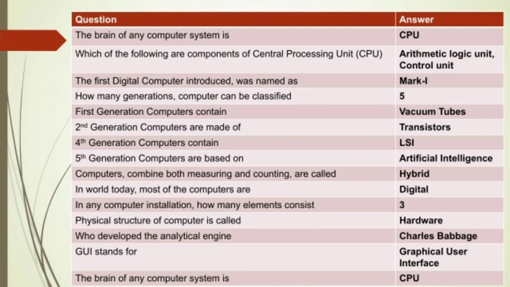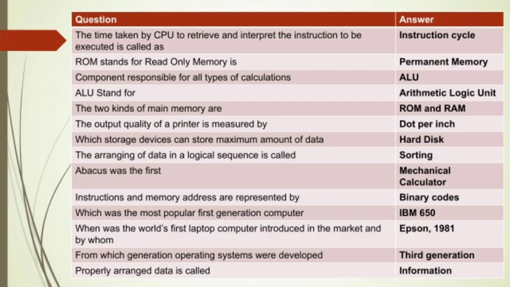Charles Babbage. GUI stands for Graphical User Interface. The brain of any computer system is the CPU. The time taken by the CPU to retrieve and interpret the instruction to be executed is called the instruction cycle.